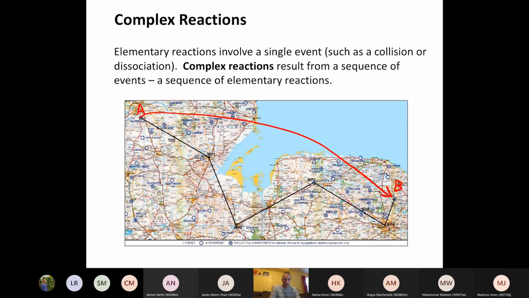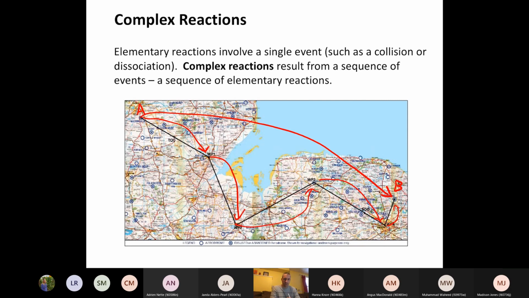If a reaction happens in a single step, it's an elementary reaction. But if it takes place as the result of a series of stopovers, like you see here, one to here, one to here, one to here, and then finally the last leg, these steps take place in legs. Complex reactions are reactions that take place in these small steps.